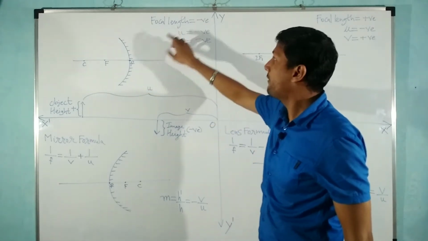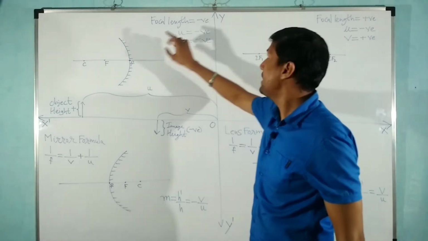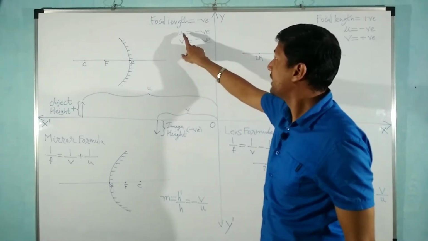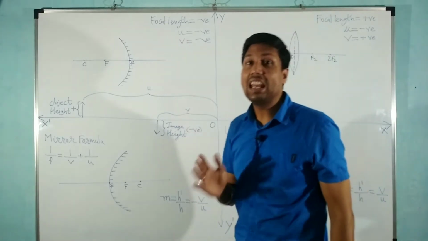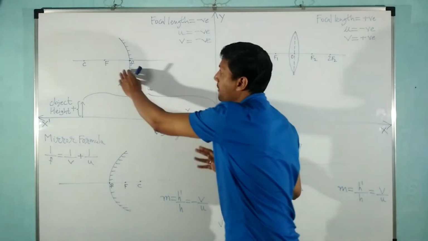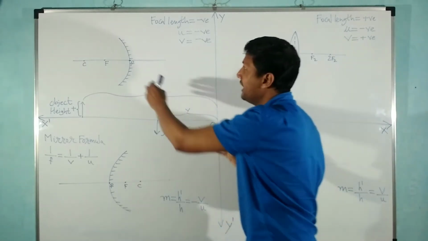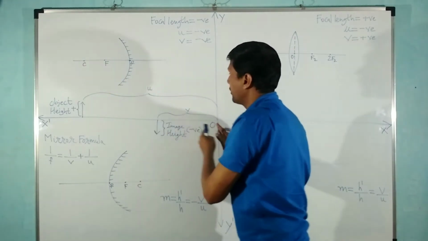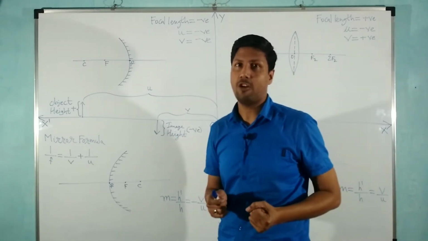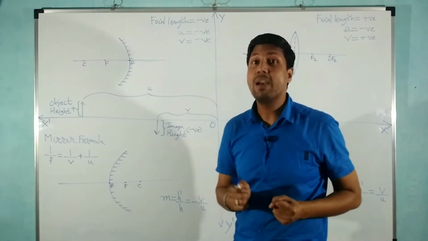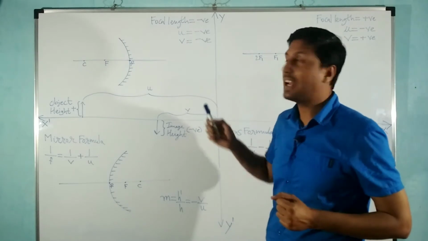The focal length of a concave mirror will be negative, as well as the image distance V, because the image is going to form somewhere here, on the left side of the pole. Only in the last case, when the virtual image is formed, the image distance will be positive. That's an exception.